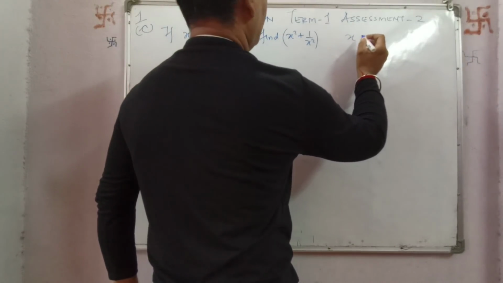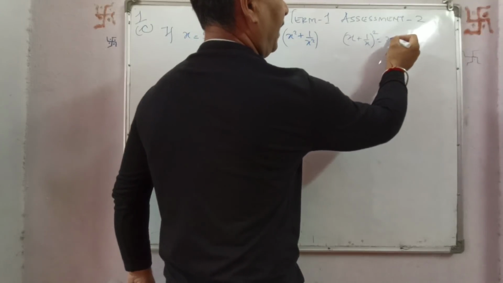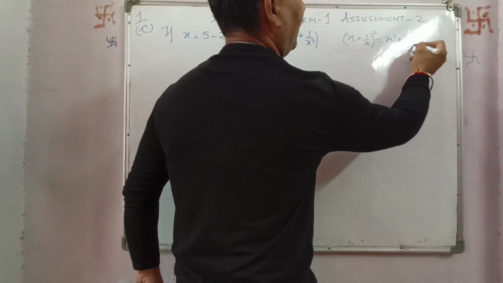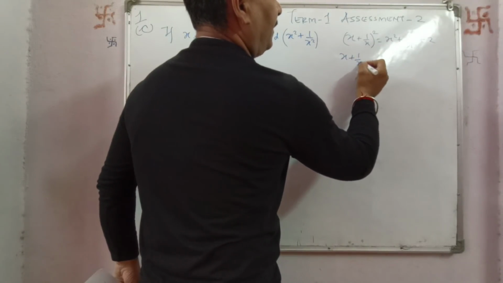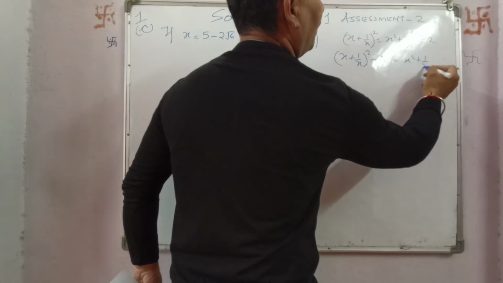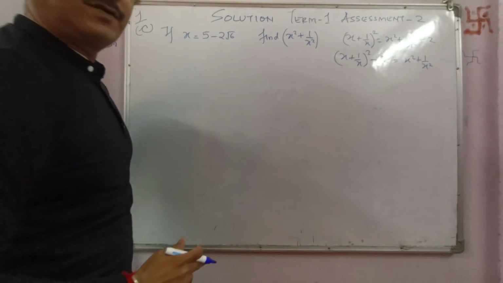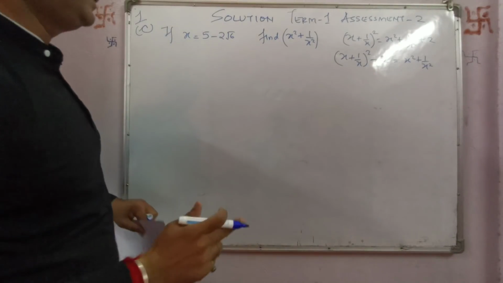We will use x plus 1 upon x whole square minus 2 is equal to x square plus 1 upon x square, or x square plus 1 upon x square plus 2 is equal to x plus 1 upon x whole square. This is much simpler than finding the square and then rationalizing the denominator.